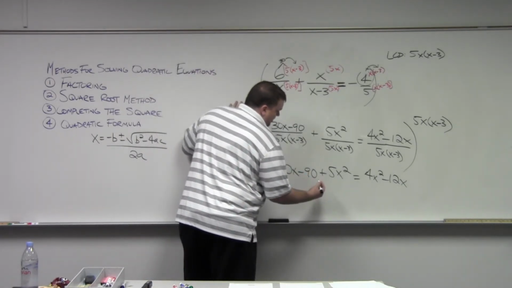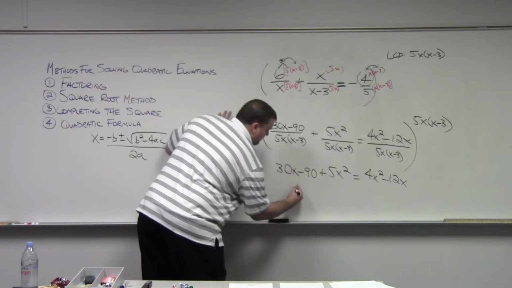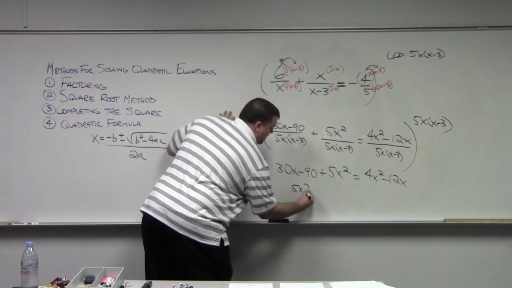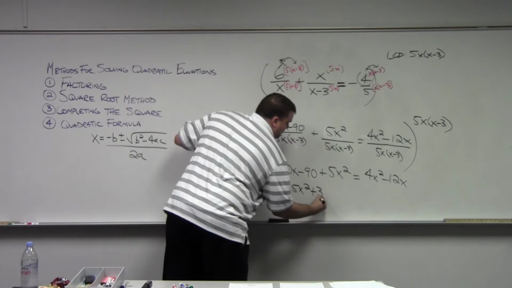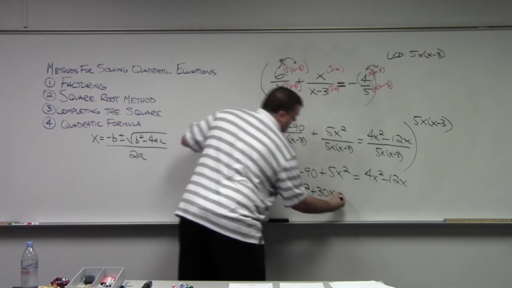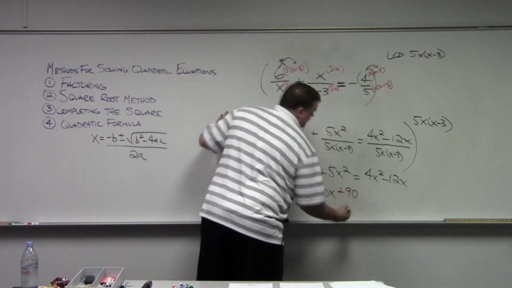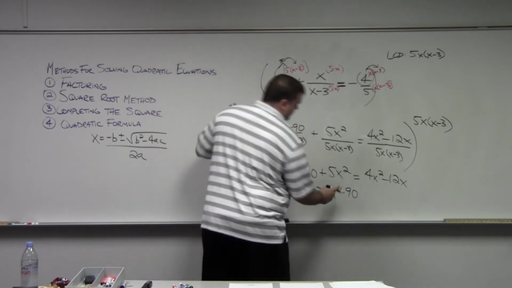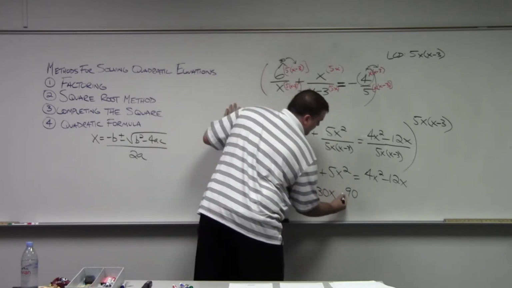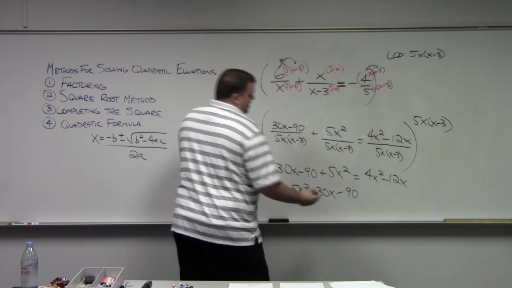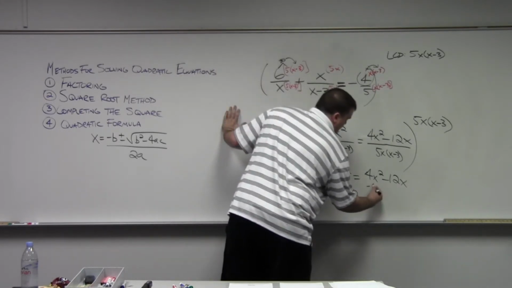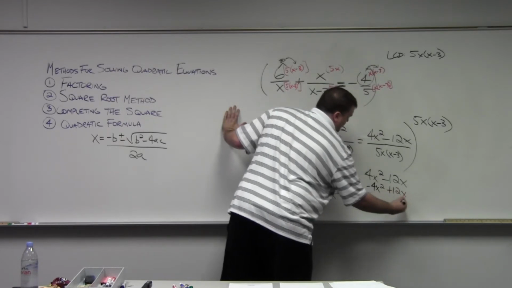So let's see. I'm going to write this in descending order. 5x squared plus 30x minus 90. Sorry, minus 90. And then I'm going to move this stuff over. Minus 4x squared plus 12x.